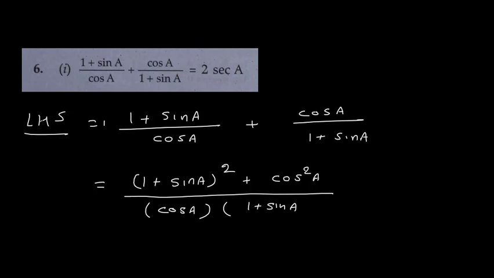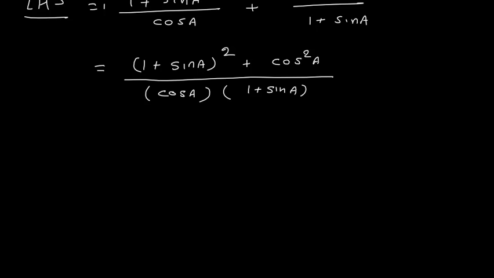Now this cos A is fine because we want 2 sec A, so 1 upon cos A is sec A. So that means this 1 plus sin A should eliminate. Now let us expand this numerator.